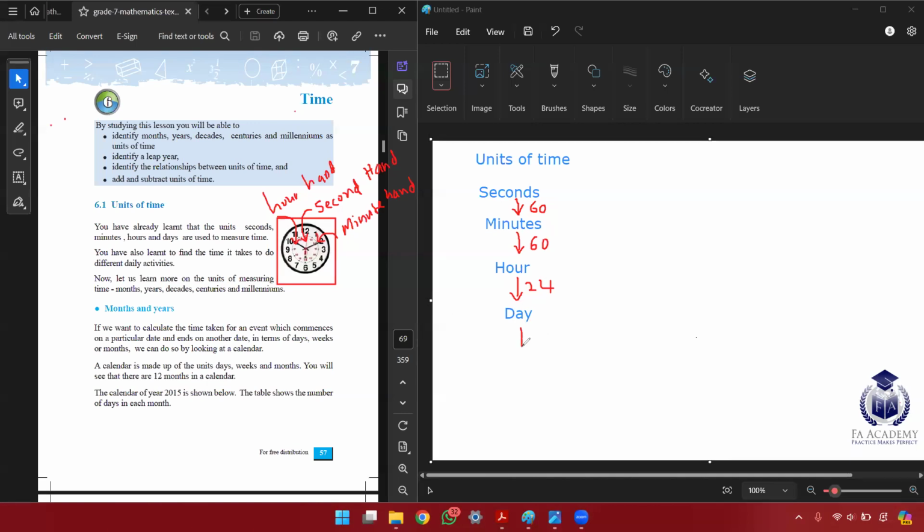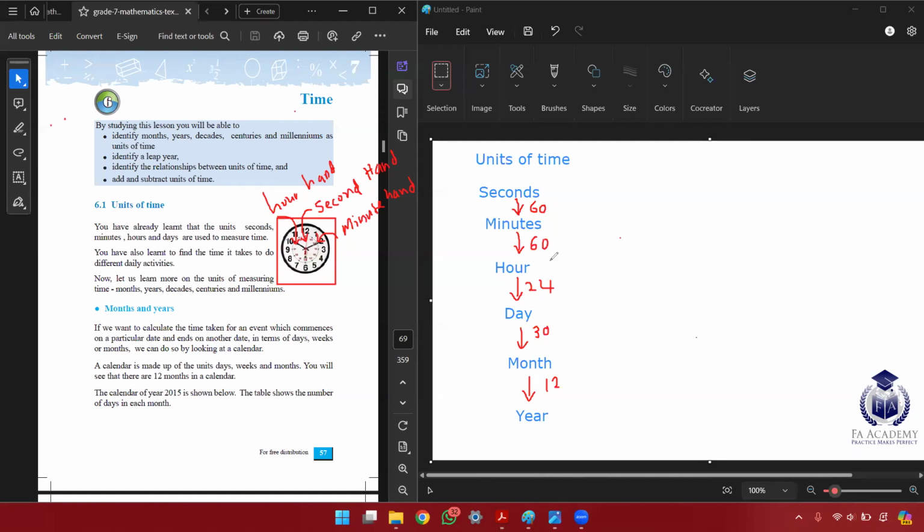How many days do you need for a month? You need 30 days. If you have 30 days, that is a month, right? And if you have 12 months, you know that 12 months will be 1 year, right? So that's equal to 1 year. Let's just put year. So you need to know these relationships when it comes to months and years.